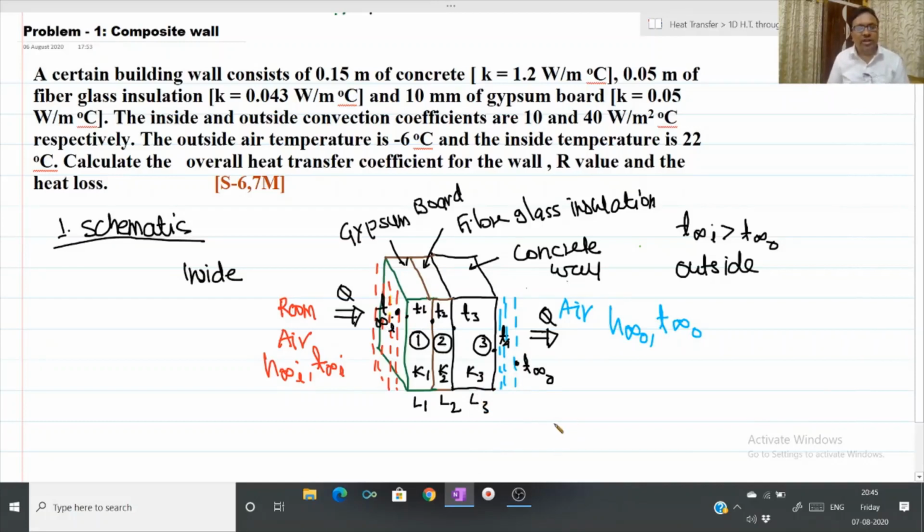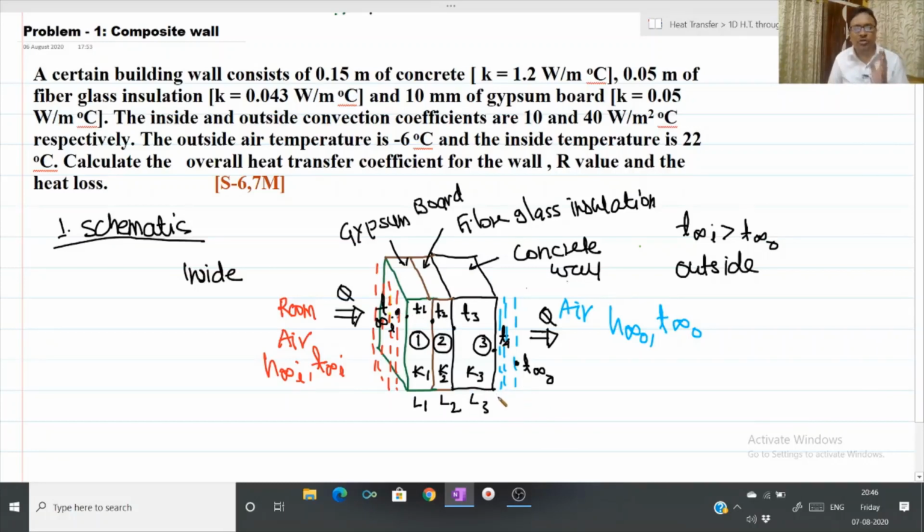Now when heat transfer takes place from hot fluid to the cold fluid, by virtue of the convective thermal resistances, the hot fluid, the different materials and the cold fluid are going to offer thermal resistance, and hence a temperature drop will take place.